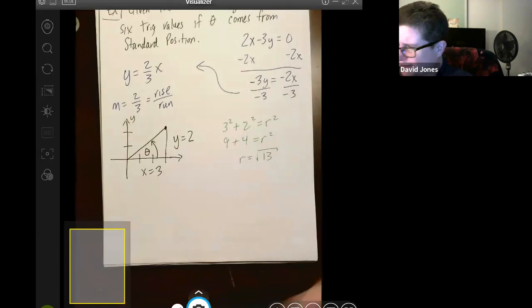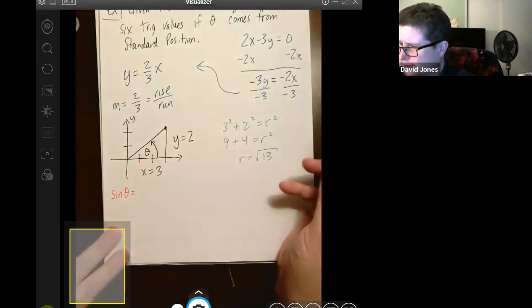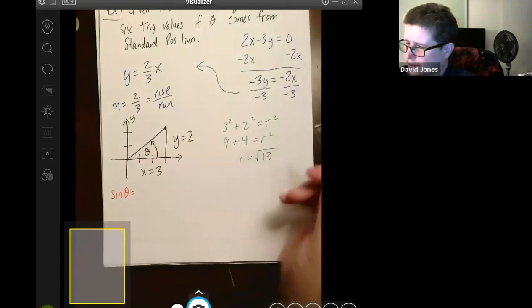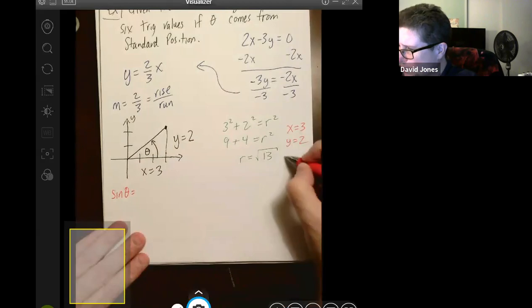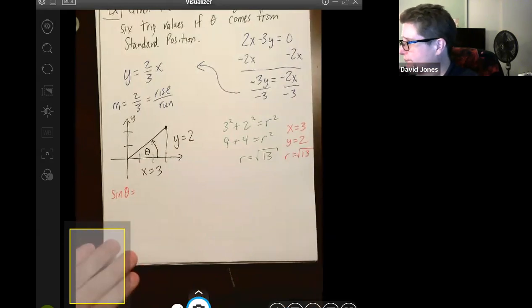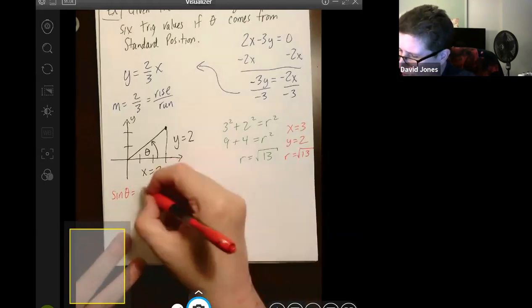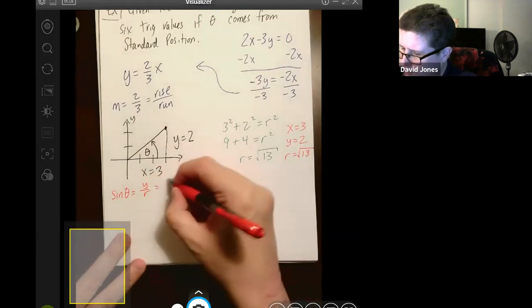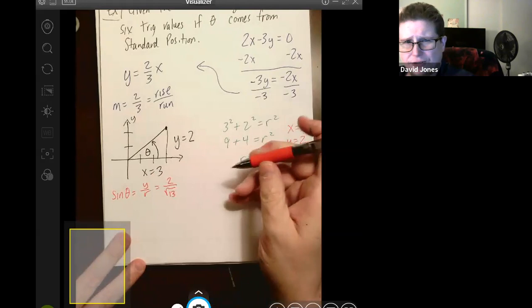So let's look at our trig functions. Sine theta. I'm just going to write down my values. X equals 3, y equals 2, r equals square root of 13. Y over r is 2 over square root of 13. We don't leave it like that. We don't leave radicals in the denominator.